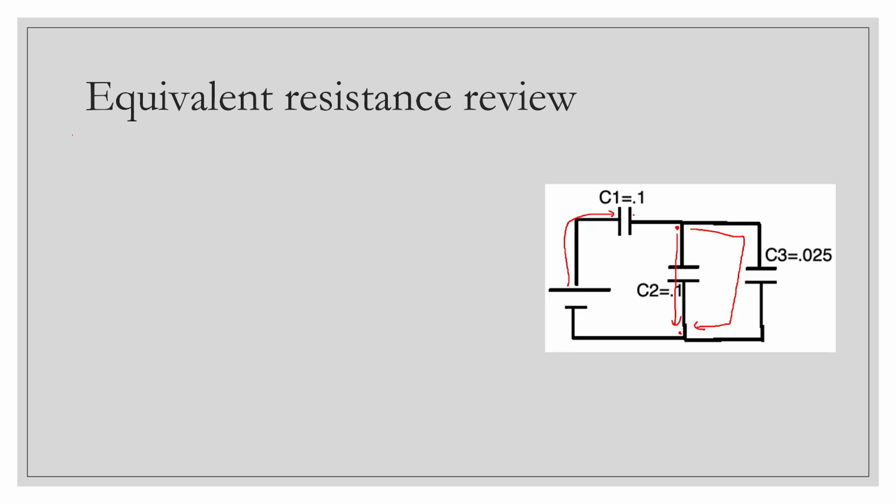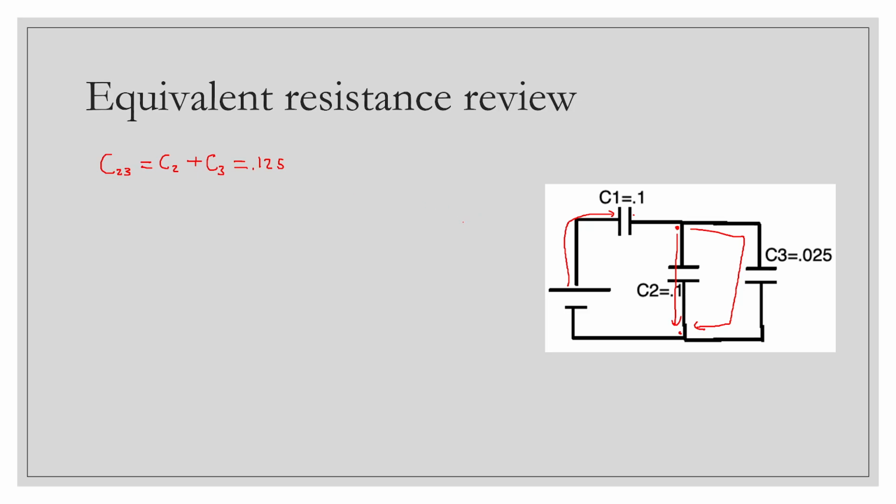So if we wanted to find the equivalent capacitance, which I would usually call C23, for parallel it's C2 plus C3, or in this case, 0.125. Now we have a circuit.